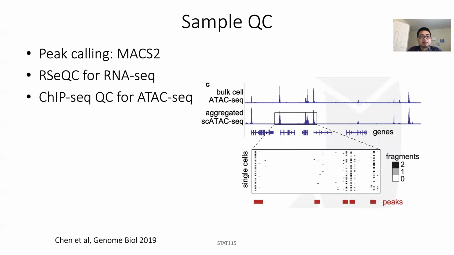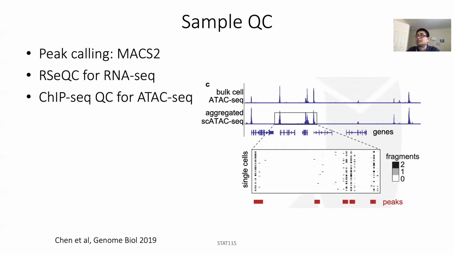Okay. For bulk level sample QC, we always call peaks first using MACS2. This is done by collapsing all the cells together as a pseudo bulk, and then you can call peaks using MACS2, which is a popular algorithm for ChIP-seq data. It was also developed in Shirley's group.